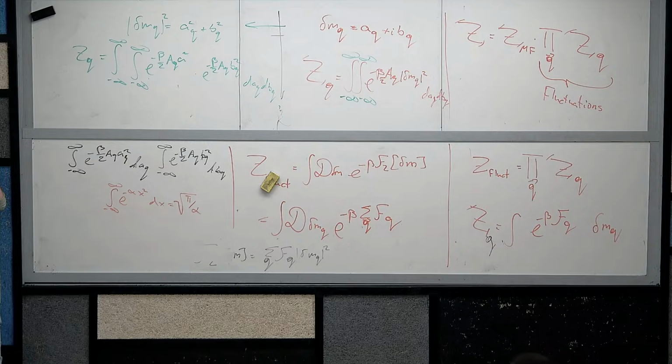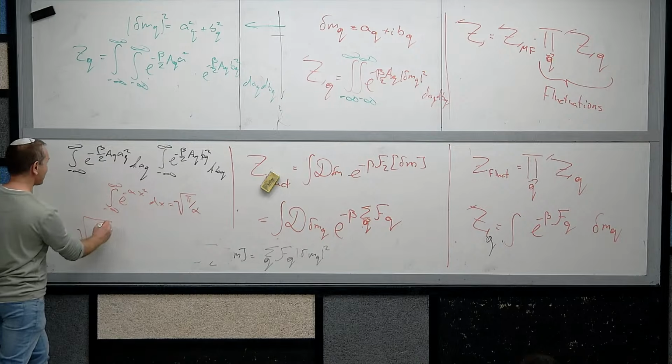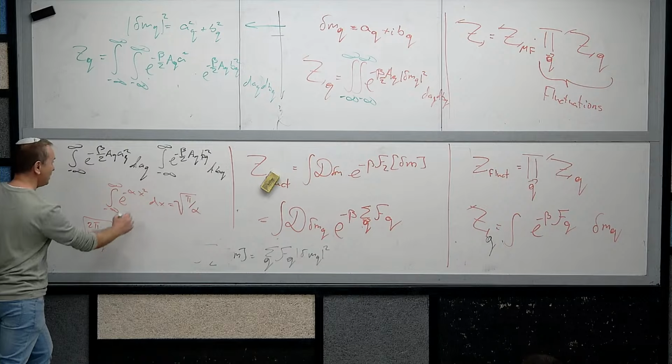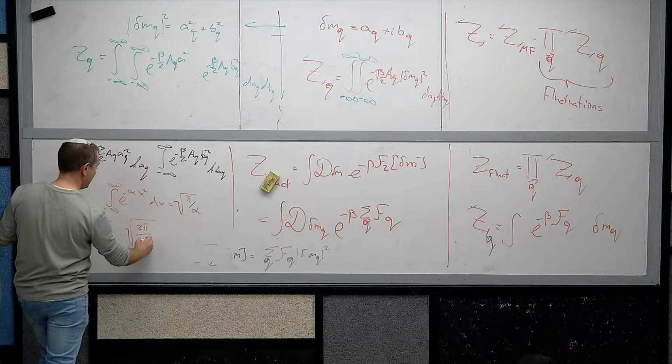So we do this, right? The moment that we do this, from this integral we obtain a square root of 2 pi over beta A_Q, and for this integral we also get a square root of 2 pi over beta A_Q.